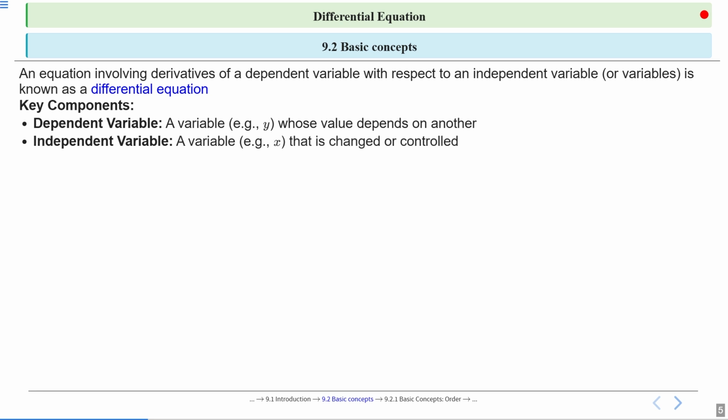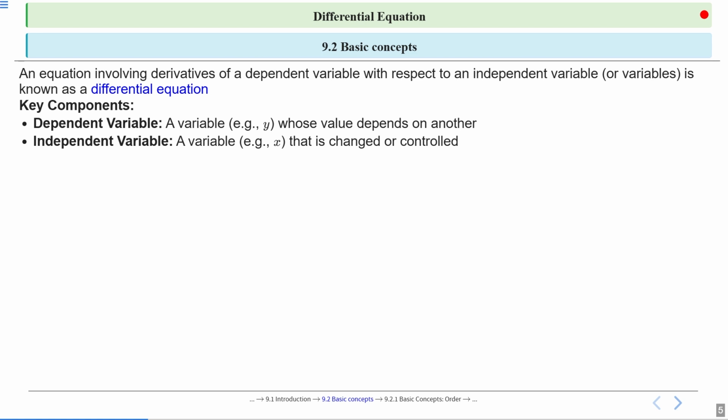And an independent variable is a variable like x that is changed or controlled. It means we change x, and y changes accordingly. So we can control x, so x is an independent variable.